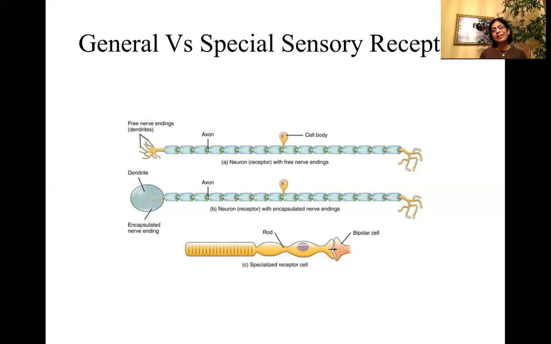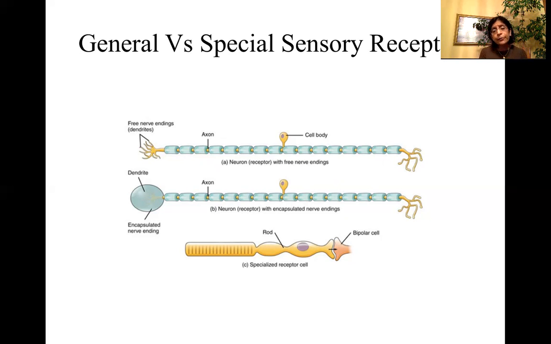If there are sensory receptors dealing with changes within the body, such as oxygen levels or hydrogen ion concentration, they could be called interoceptors. And sometimes the classification really overlaps.